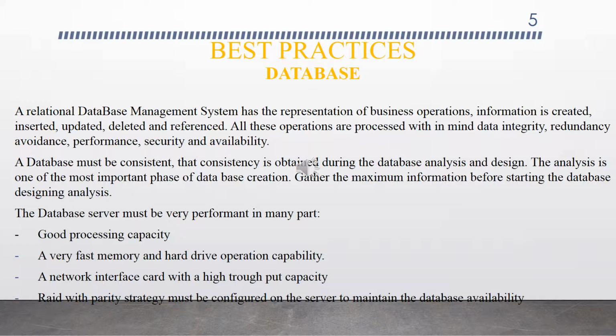Data integrity: you need to make sure that the data is safe. There's no way you can lose the data, and you always have a backup of the data. Data integrity is really important, because your customers need to make sure the data is always there. There's no chance of losing that data.